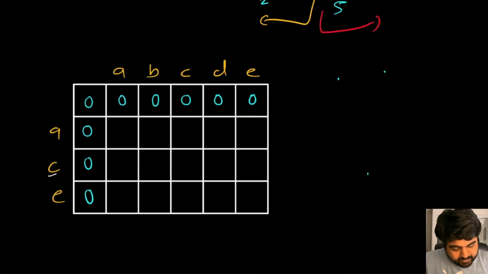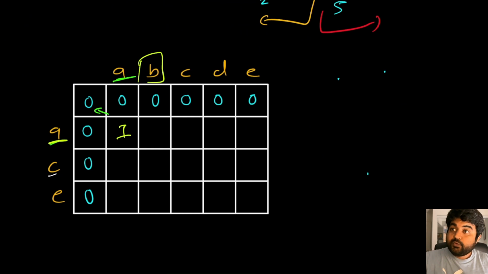Now the very first value, we find A and A, there is a match. If there is a match, we are going to compare it with its diagonal value and add 1. So diagonal value is 0, so we are going to add value number 1 over here. Now next thing is that we will also have to check, let's go row by row. So now we are checking this A with this value B. A and B do not match. So if they do not match, for this cell we'll have to check its neighbors.